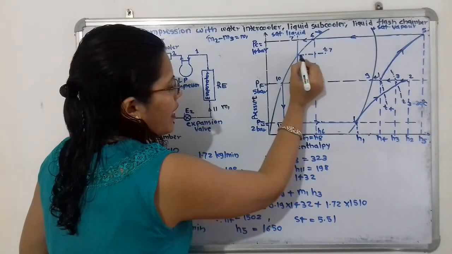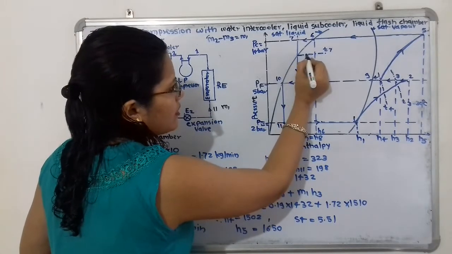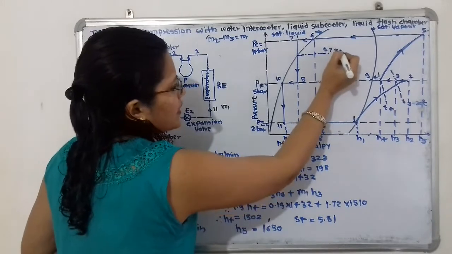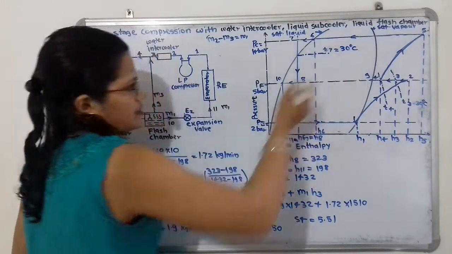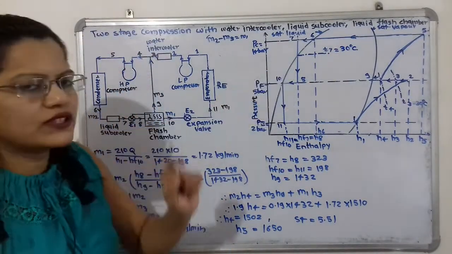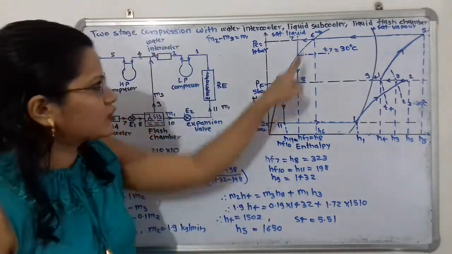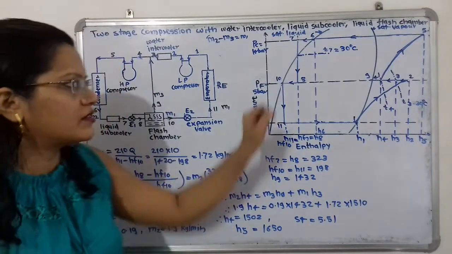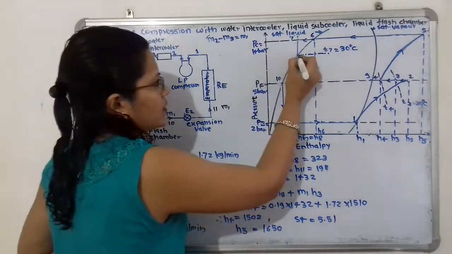I have shown the line with the help of dash and dot. So here will be the temperature, that is 30 degrees Celsius, and we have to select where is the point of intersection for this saturated liquid line and temperature equal to 30 degrees Celsius. So here is the point of intersection.